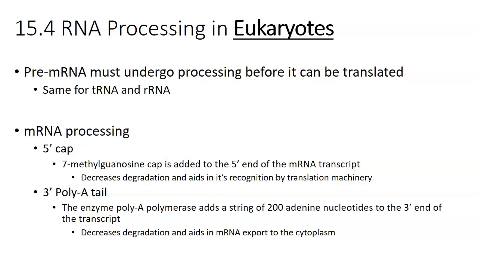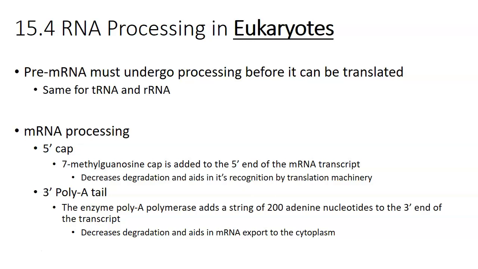What is it? It is a chemical modification. This molecule called 7-methylguanosine, it's a cap, it gets added to that 5' end of the mRNA transcript. Why does it get put there?